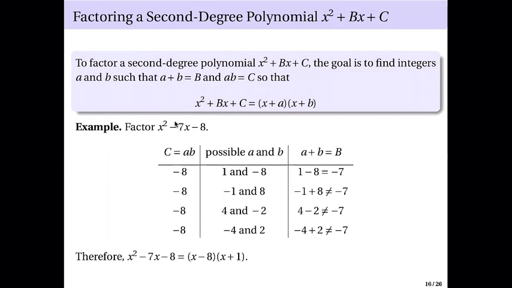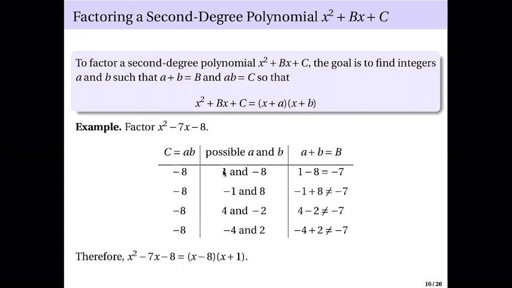If the middle part is negative, then the number in the pair with the higher absolute value must have a negative sign. So for example, you have negative C here. The middle part here is negative.